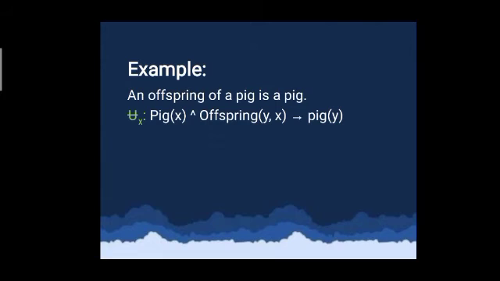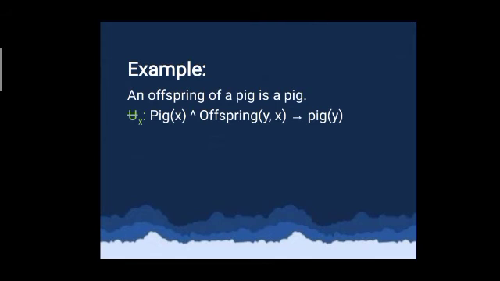So an offspring y comma x. So we can also consider predicate as a function, because when we write offspring y comma x, it means that y is an offspring of x. So it implies that pig y.